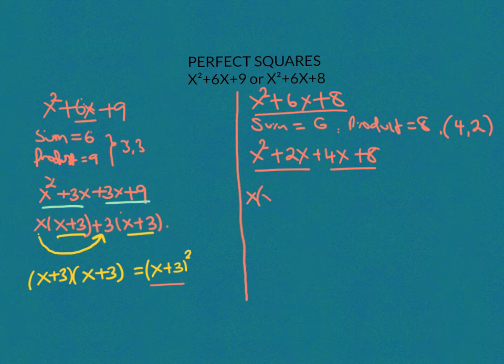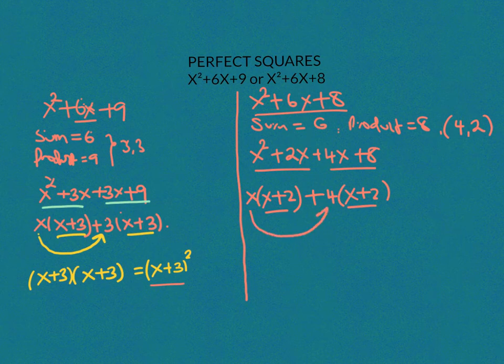We'll have x into x plus 2, and in the second part we have 4 being common, so we'll have 4 into x plus 2. Again, you notice that we have x plus 2, which is common. So to write down the factors, we are going to take x and add 4. We'll have x plus 4 into x plus 2.